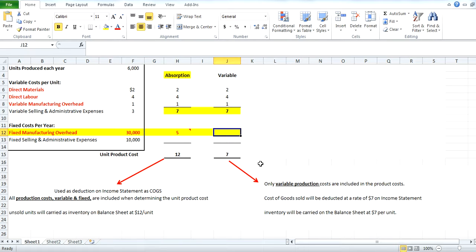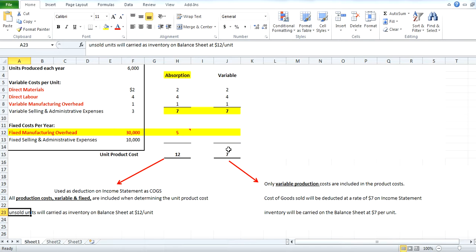We run it through the income statement in that month, charge it as an expense, and it's gone. We're not housing or saving any of this cost on the balance sheet as an inventory asset. So that's the fundamental difference. Absorption costing will give you a higher cost of goods sold, but it will also increase your assets, your inventory balance, if you don't sell all those units.